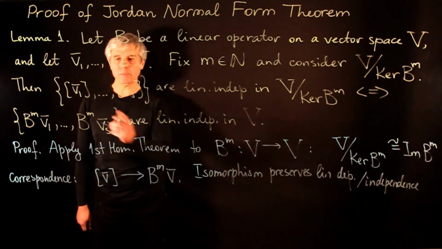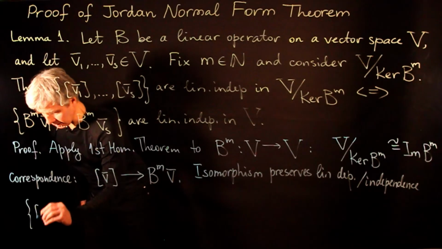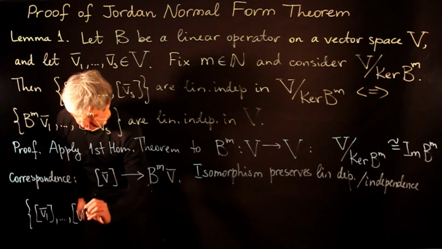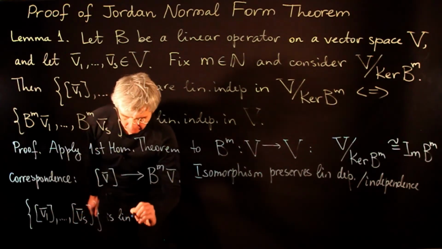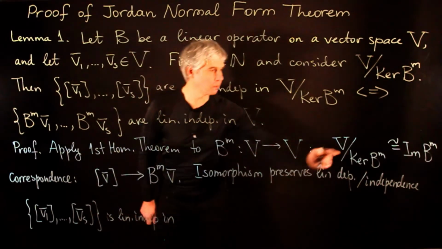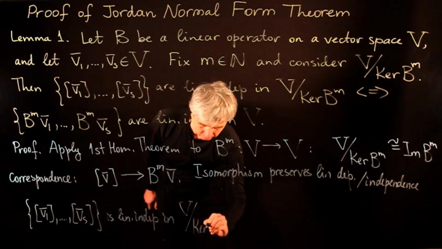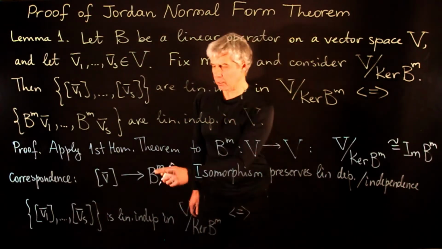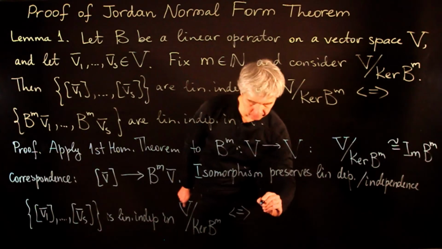And this gives us immediately the claim of this lemma, that the set of classes V1 through Vs is linearly independent in the quotient space on the left, V quotient by the kernel of B to the power m, if and only if the corresponding vectors in the image space are linearly independent.